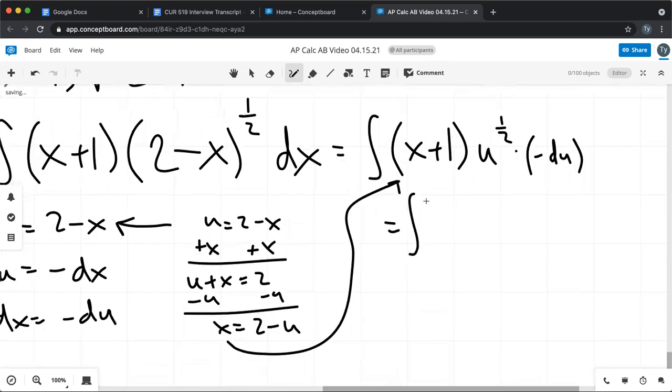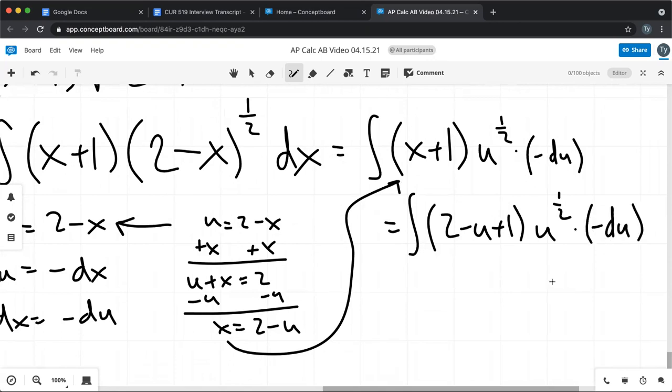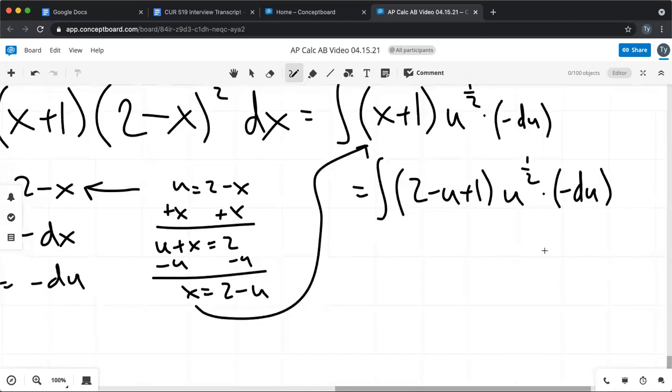So this comes out to be, instead of x plus 1 here, we have 2 minus u plus 1 times u to the half times a negative du. Okay, now have we gotten rid of all our x's? Yes, we have. We just have u's, that means we're good to go.